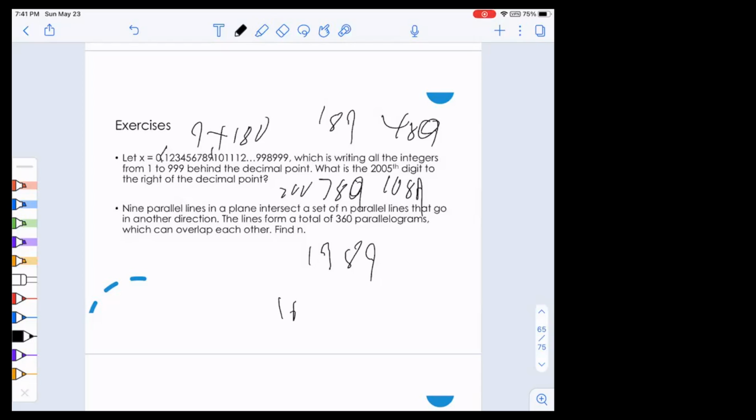So we start with the 7 from 700. 1, 2, 3, 4, 5, 6, 7, 8, 9, 10, 11, 12, 13, 14, 15, 16. So this 7 is the 2005th digit. So yeah, that's the first problem.